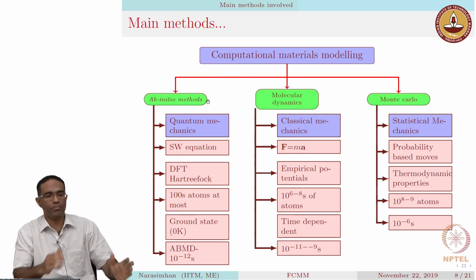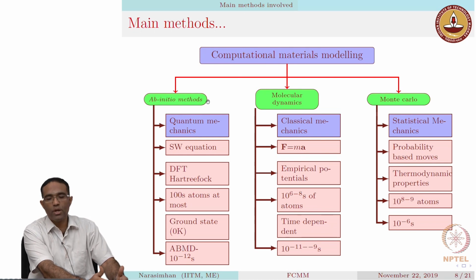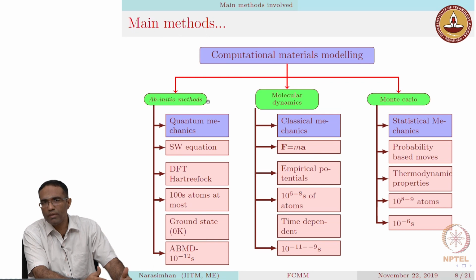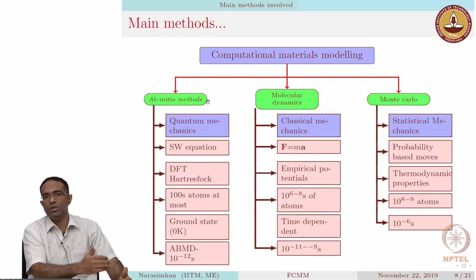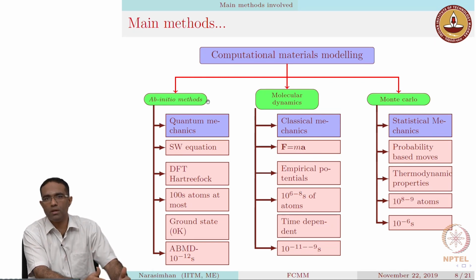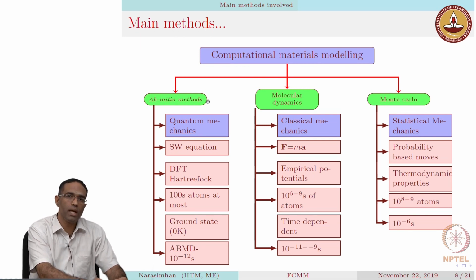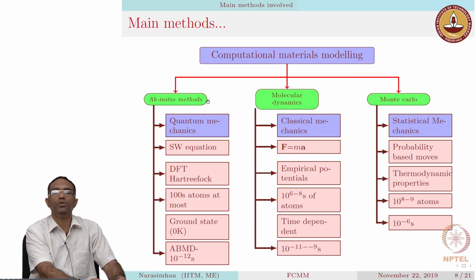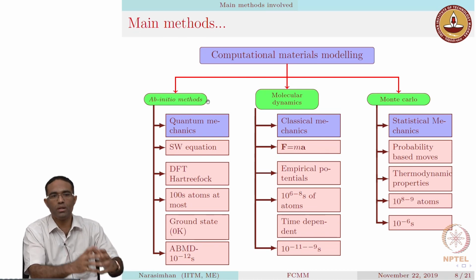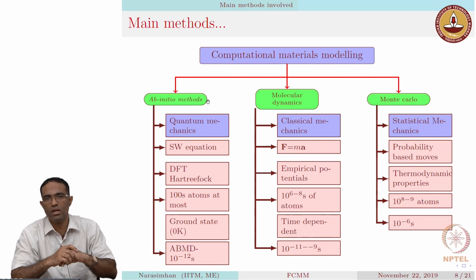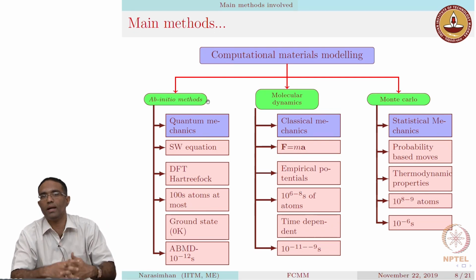So in summary, for ab initio methods, the foundation that is required is quantum mechanics. You solve the Schrodinger wave equation, or you use an approximate numerical method such as density functional theory in order to solve it. Because you are dealing with atoms and electrons together, you have a large number of degrees of freedom, and consequently the total size of your system will be on the order of maybe 100 or 200 atoms.